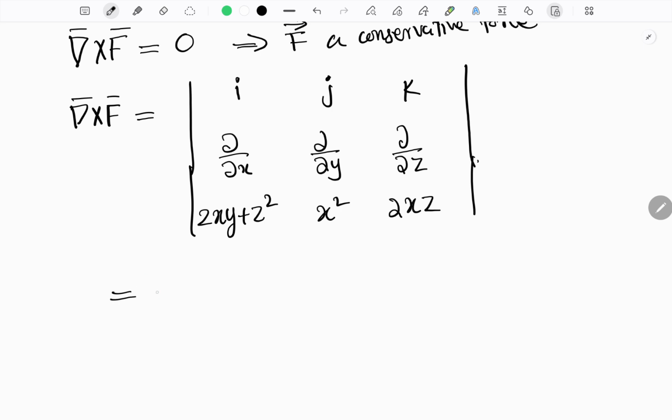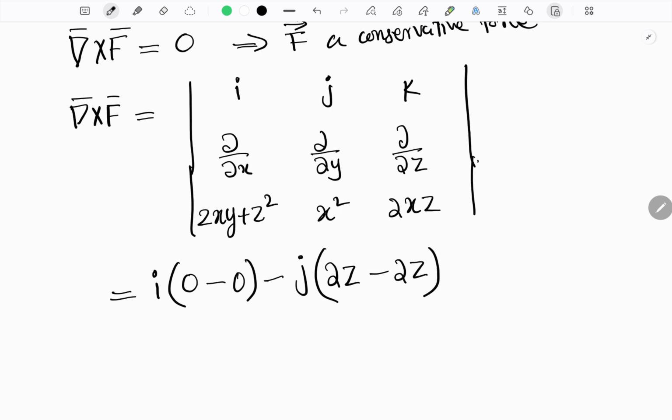So here the i component will be i cap into ∂/∂y of 2xz, which is 0, minus ∂/∂z of x², which is also 0. Minus j cap into ∂/∂x of 2xz, that is 2z, minus ∂/∂z of (2xy + z²), that will again give you 2z, because 2xy has no z variable in it.